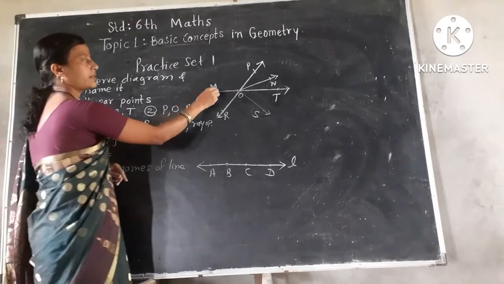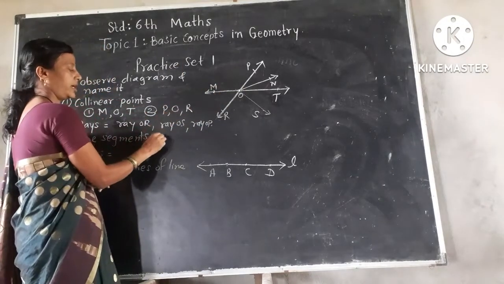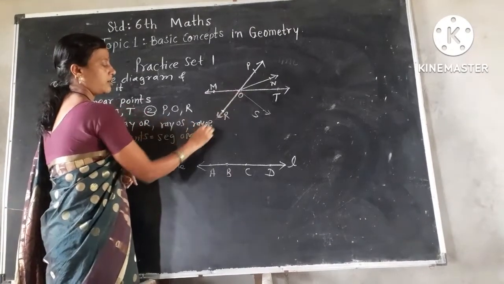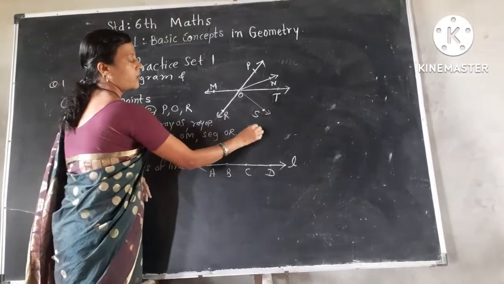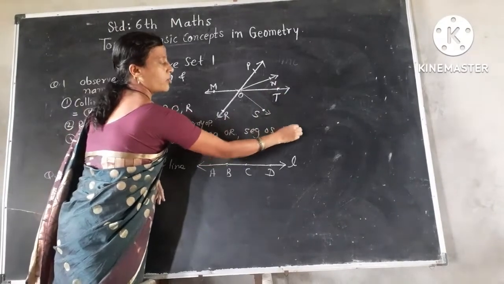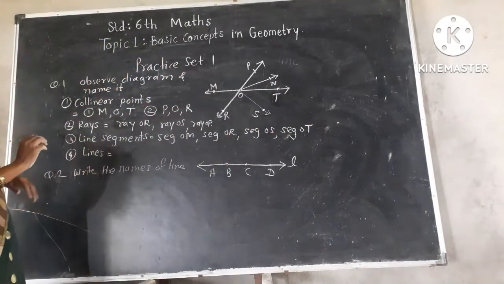Line segment means both have end points. So here we get seg OM, seg OR, seg OS, seg OT. In this way we get line segments.